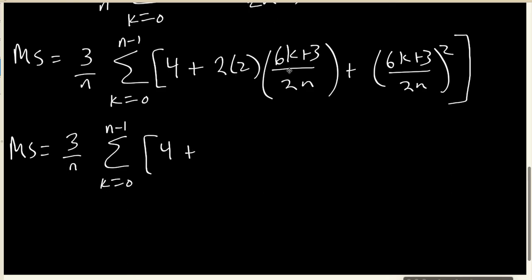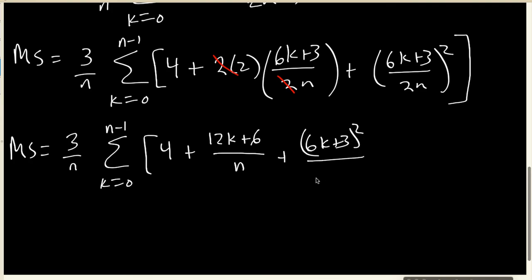When we clean this up, one of those twos cancels, and we've got 12k plus 6 over n, and I'm just going to leave that as 6k plus 3 squared over 4n squared. And now I have something that I can actually plug the values of n into.